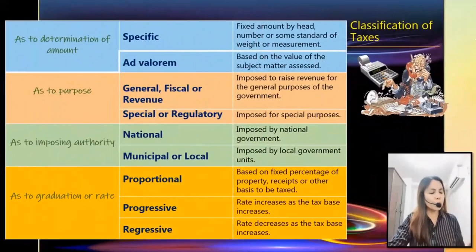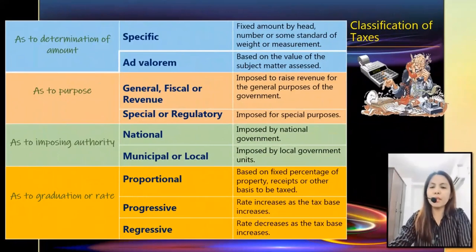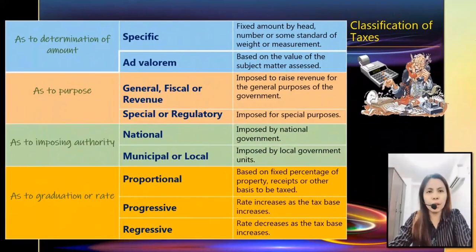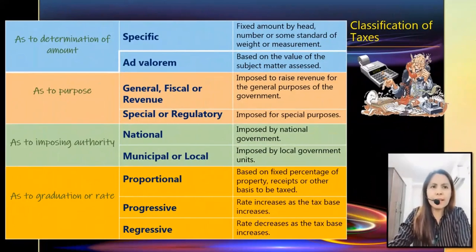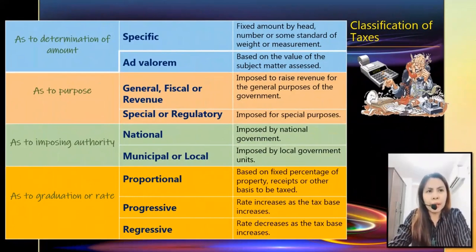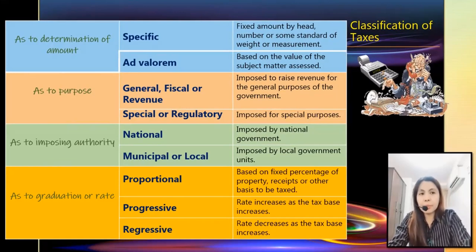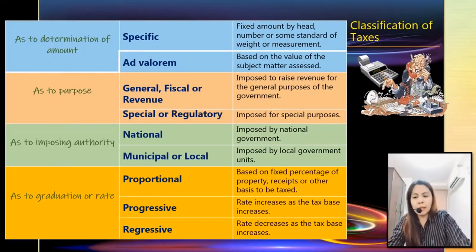Other classification of taxes. As to determination of amount, taxes may either be specific or ad valorem. A specific tax is a fixed amount by head, number, or some standard of weight or measurement. It is based on a standard of measurement. Example for specific tax is excise tax on distilled spirits, wines, or liquors.